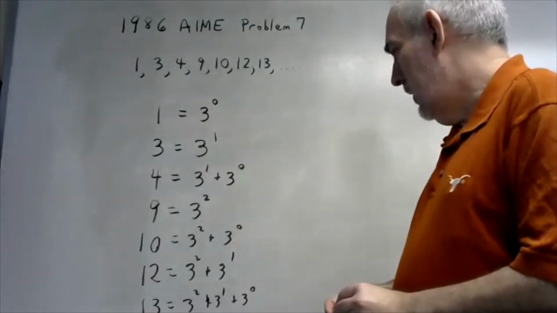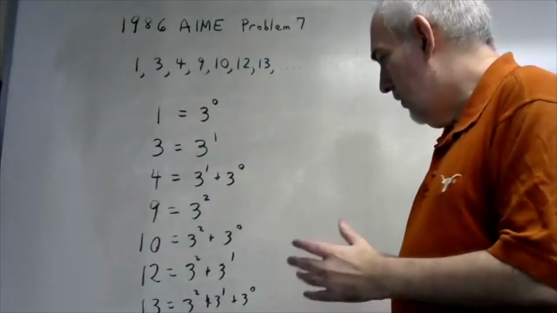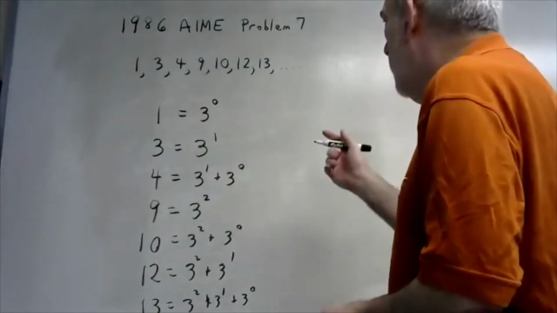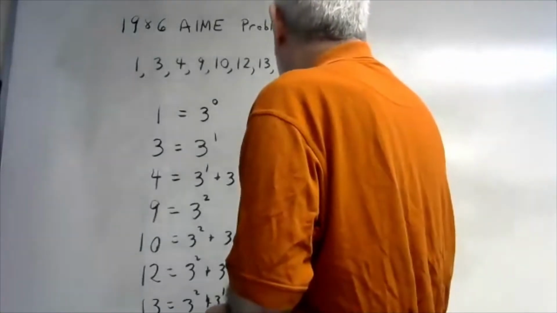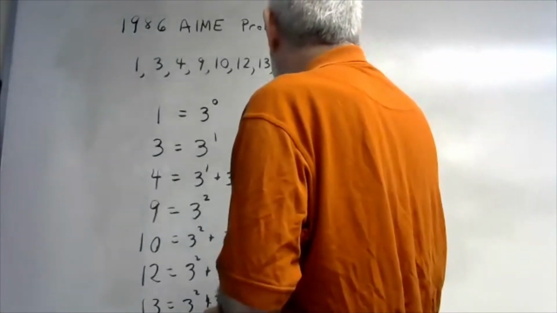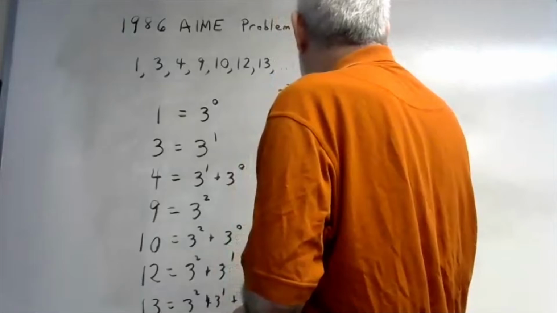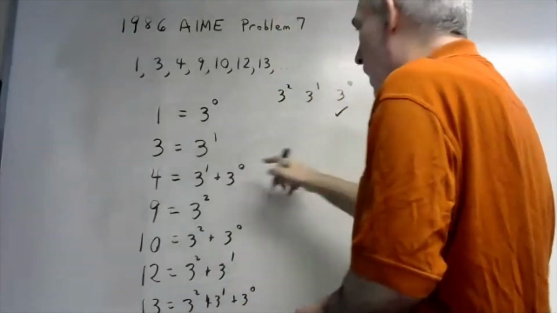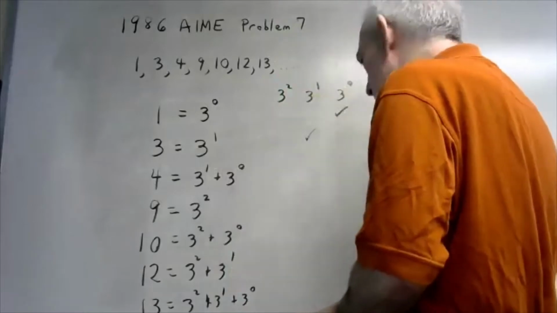In fact, if you look at which powers of 3 you're keeping or not, we can make a little table. Are we keeping 3 to the 0? Yes. Are we keeping 3 to the 1 but not the other? Yes.